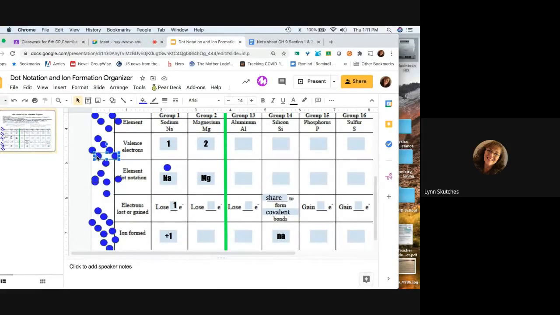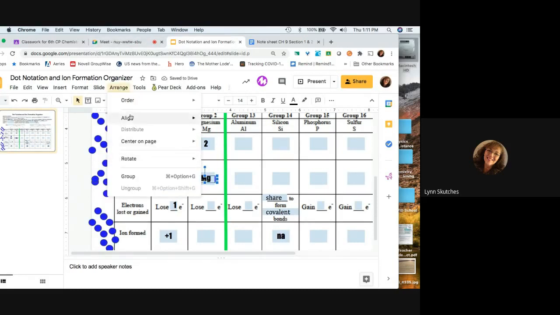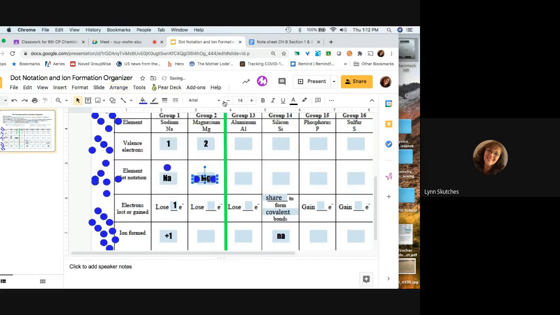You can select more than one dot by holding the shift key down, and you can bring them to the front if you need to. And remember, for group 2, they should be as far apart as possible from each other, because electrons repel each other. Group 13 or 3A has 3 dots.